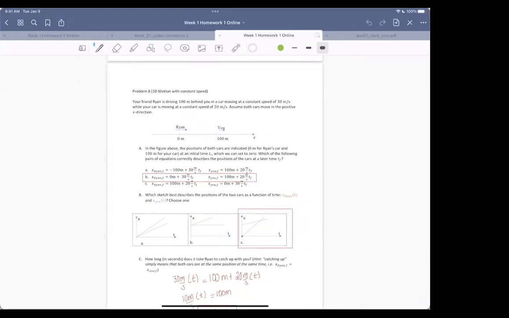You guys can't see it? You can see it here, though? Okay. Do I need to refresh my screen, Rachel? I don't know if you can see it or not. You can see it? Okay, cool.